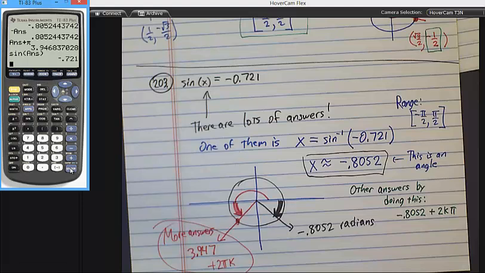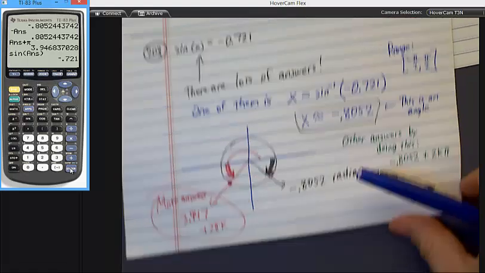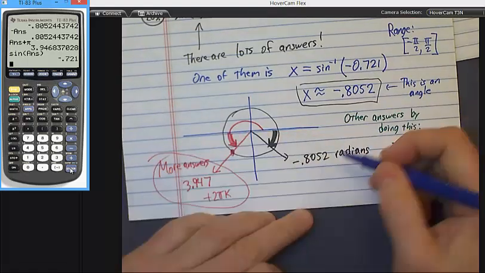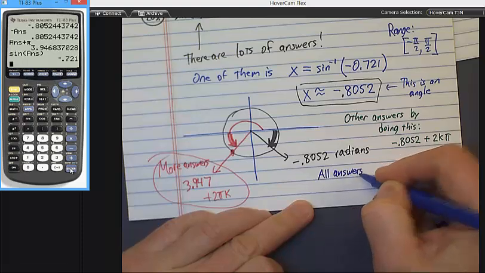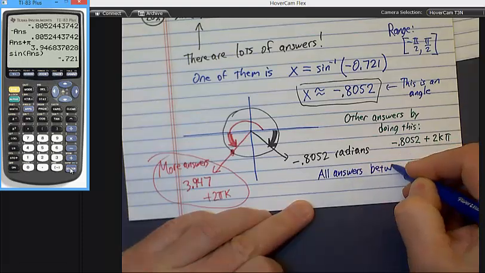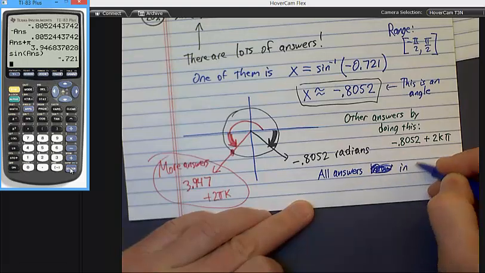Oh, one last thing that the book asks you to do, and this is actually not bad. It says, hey, give me all the answers between 0 and 2 pi. All right. Let me do that. So let's see. All answers in the range 0 to 2 pi.